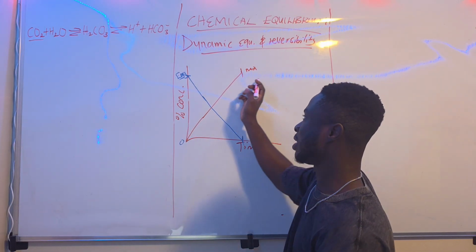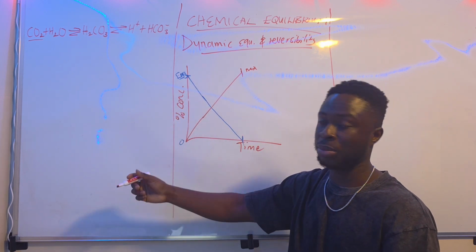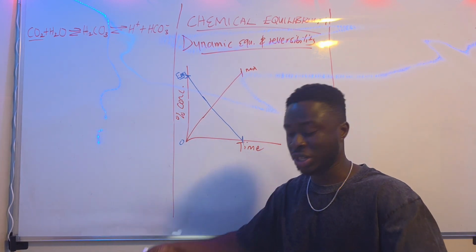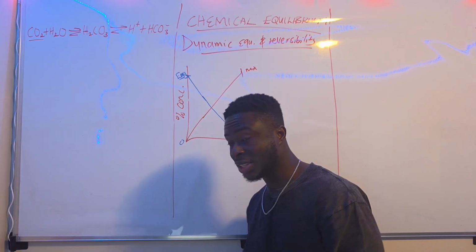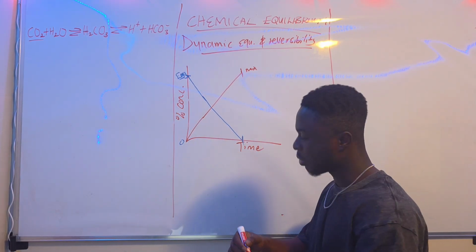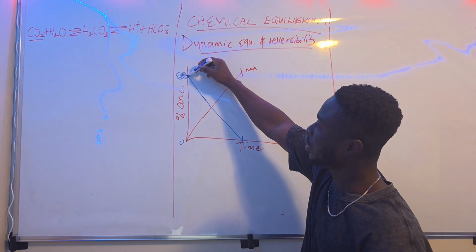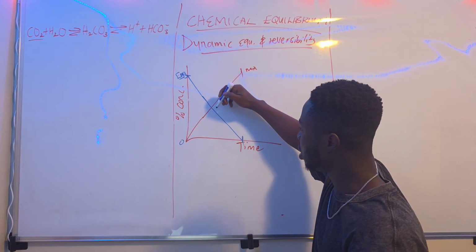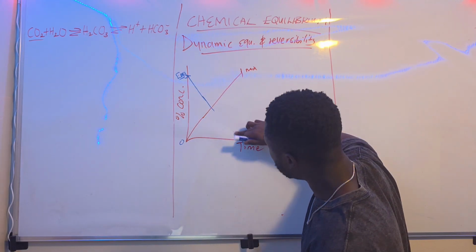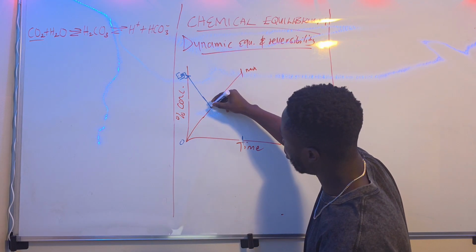Now, it doesn't necessarily mean it's going to be the concentration of the reactant you started with, because you have to consider your stoichiometry ratios and coefficients. But when we talk about dynamic equilibrium, what we're talking about is that although when I start reacting, the concentration of my reactant is going to be reduced, it's going to get to a certain point where there will be no more reduction in the concentration of the reactant.